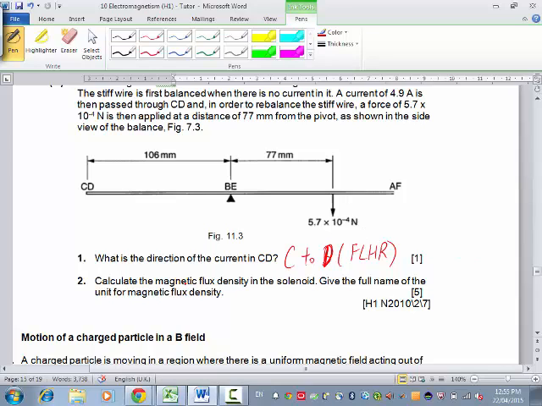And then now, they want you to calculate the magnetic field in the solenoid. So now we have this F. We know that by the principle of moments, clockwise equals anti-clockwise. Clockwise is 5.